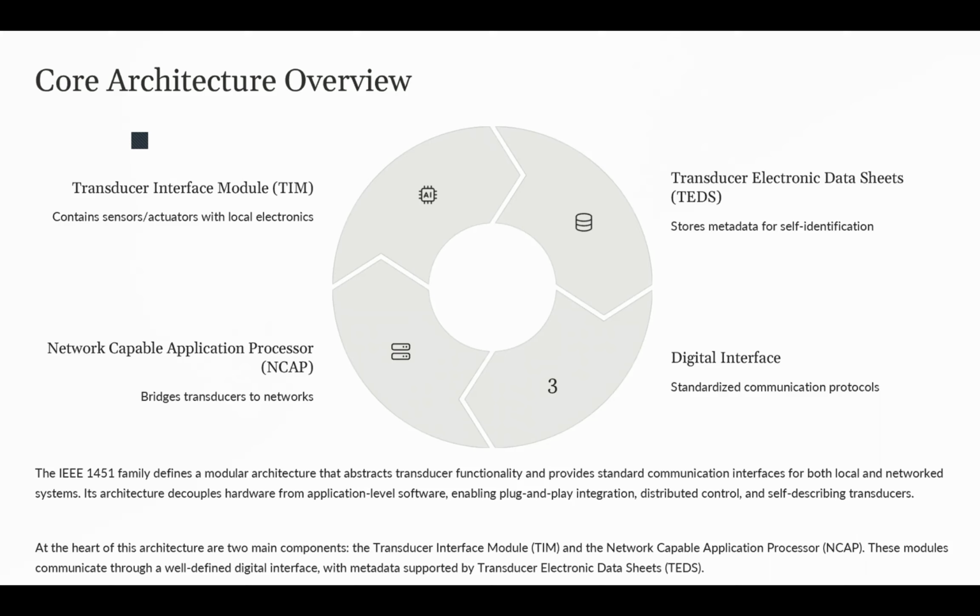We have NCAP, short for Network Capable Application Processor, which bridges the system to the network and control systems. So we have a clean separation that allows scalability and a layered system design. Basically, NCAP is the connection between the TIM and the human interface.